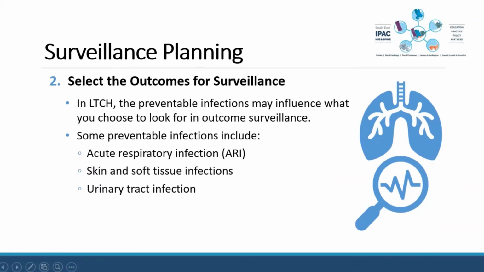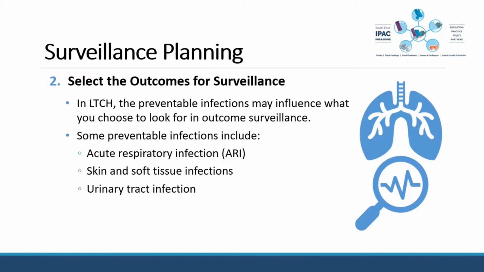So in long-term care homes, the preventable infections may influence what you choose to look for in outcome surveillance. On the slide, you can see some examples of preventable infections. For acute respiratory infections in long-term care homes, lower respiratory tract infections like influenza are associated with high morbidity, mortality, and disruptions to long-term care services. So surveillance for ARIs in residents of long-term care homes is universally recommended.